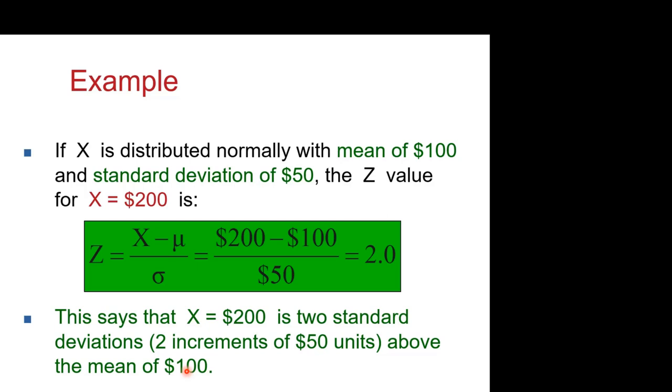Because we know in the Z distribution, or standardized normal distribution, the mean is always 0 and the standard deviation is 1, when z equals 2, it means that the value of x equals 200 is 2 standard deviations above the mean of 0.